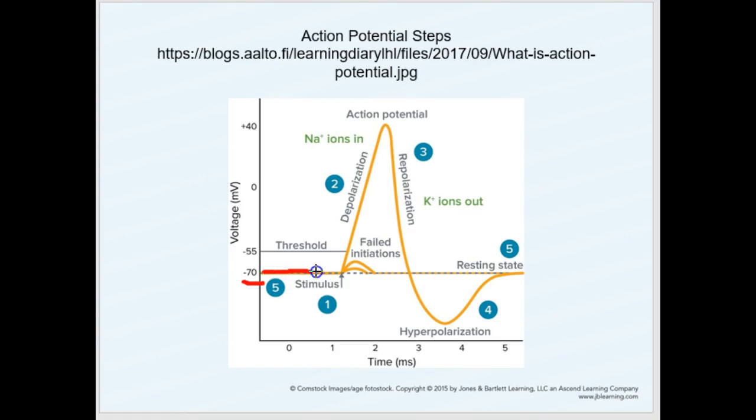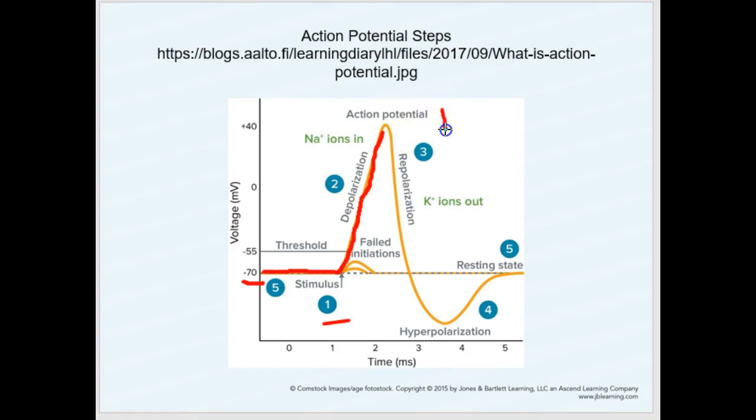It is stimulated at 1. Sodium channels open, sodium moves into the cell, and this causes what's called depolarization, which is a positive inclination, because positive ions are coming into the cell, it becomes more positive.